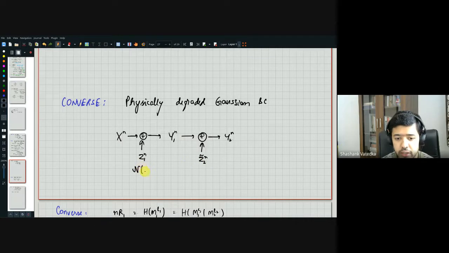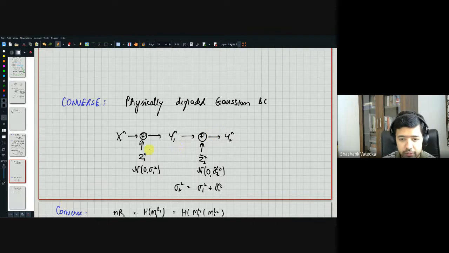Z1^n is IID Gaussian with mean 0 and variance sigma1 squared, and Z2 tilde^n is Gaussian with mean 0 and variance sigma2 tilde squared, where sigma2 squared is sigma1 squared plus sigma2 tilde squared.